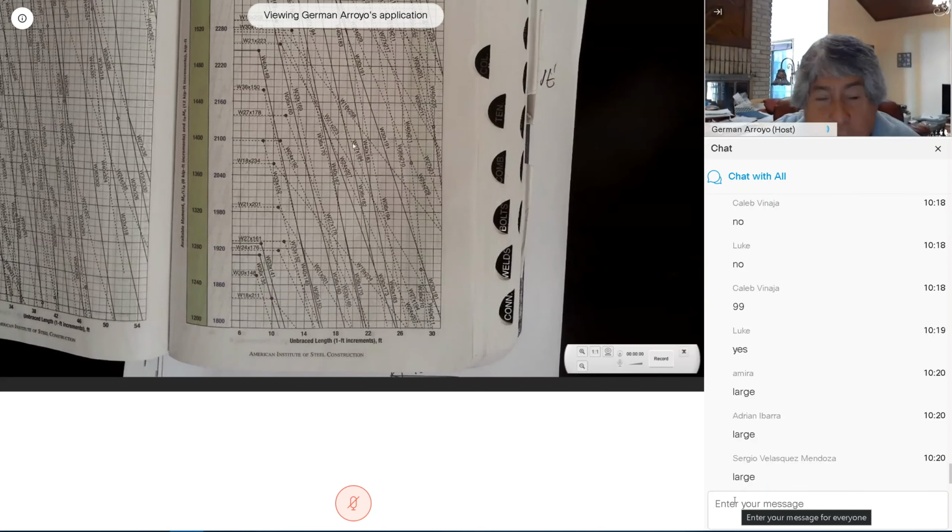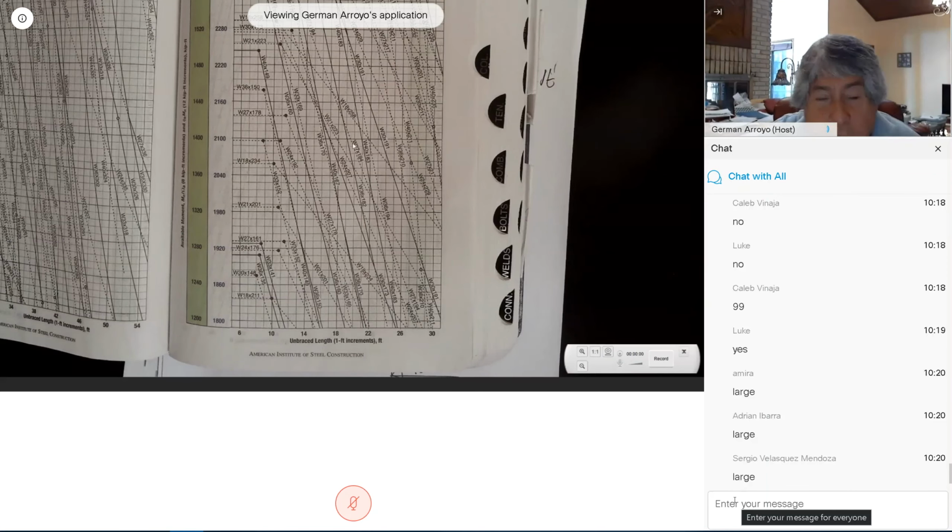How many feet from the left is the maximum moment taking place? 60. This is 10, and from here to here, how many feet? Oh, 16 from the right. Well, okay. But it's not in the middle. So the maximum moment is at this location, 16.